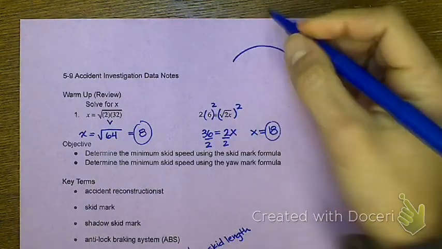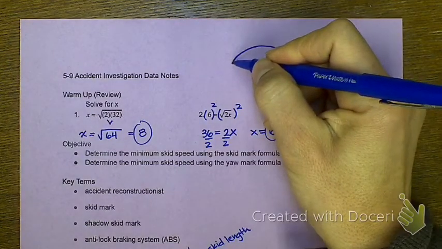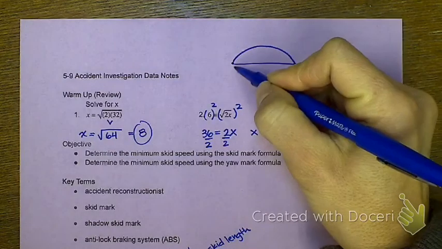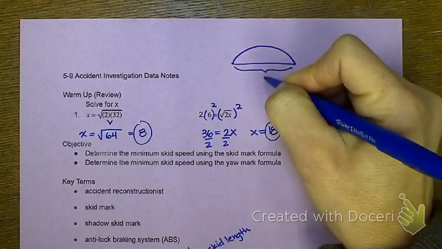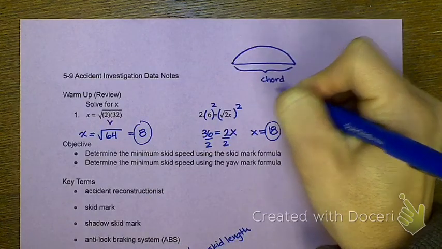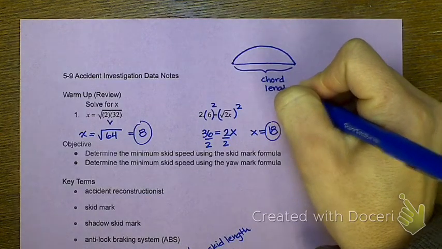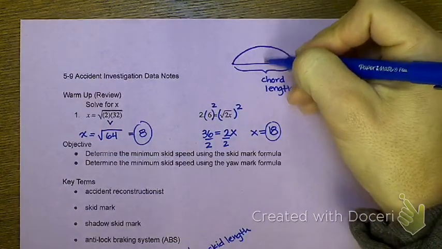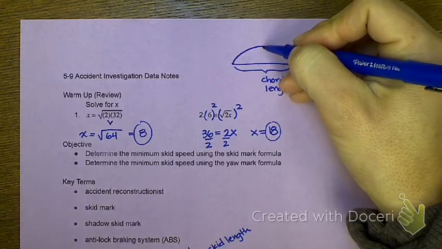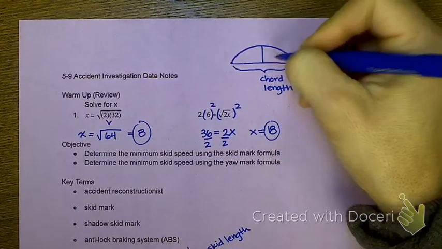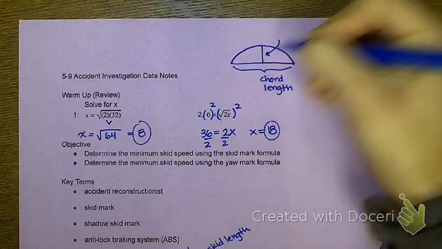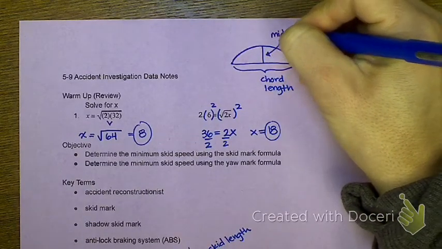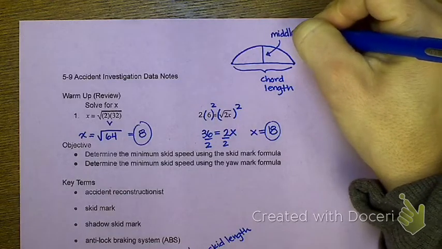That's what it's called. Okay, the distance from here to here, this is called the chord. So this is your chord length. We usually use the variable c to represent this, okay? Then we have this distance here, which if I drew this at a complete right angle, a 90-degree angle, this distance here is the middle ordinate, which usually is represented by the variable m.